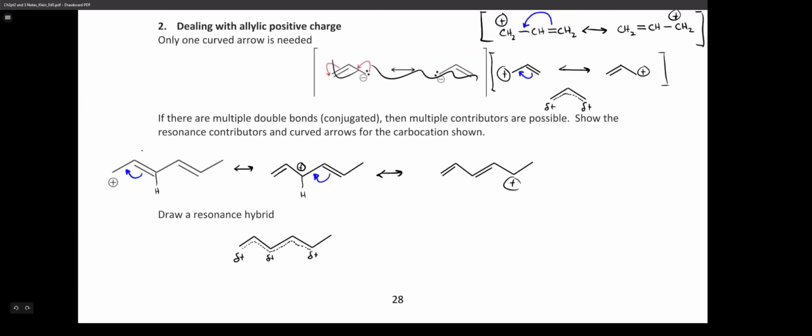By the way, there is a term for this that we refer to a lot. Okay. Whenever we have an alternating pattern like this, we would say that this is conjugation, okay? Or conjugated.